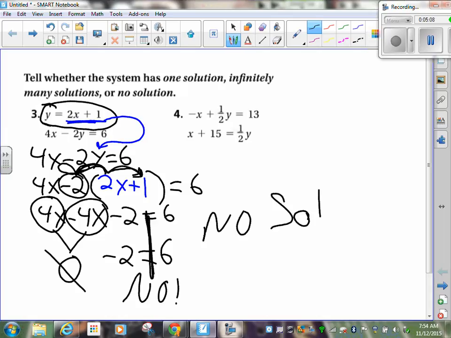No solution. Right here. That's an example. Right there. If you can say no, then what's your answer? No solution. Right? Excellent.